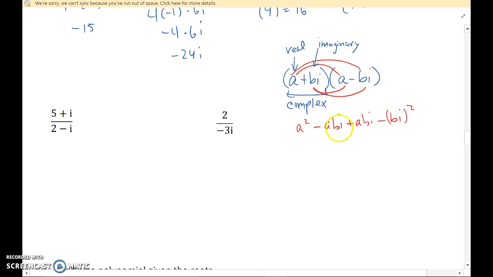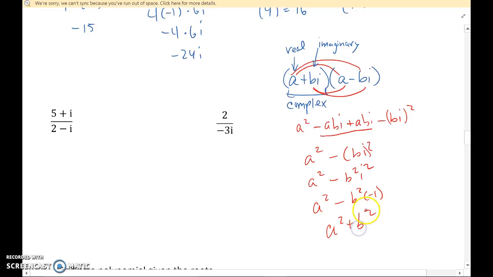So what we see here is that your negative abi and your positive abi cancel, leaving us with a squared minus b i squared. We have to square both terms in the parentheses, so we get a squared minus b squared i squared. We know i squared to be negative 1, so this is a squared minus b squared times negative 1, which gives us a squared plus b squared.